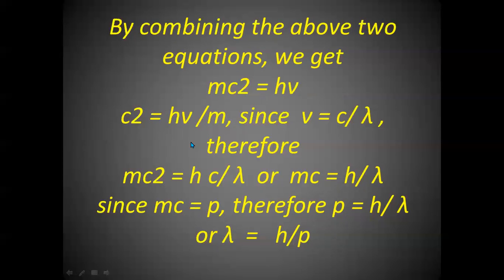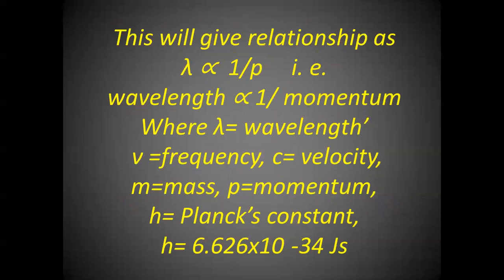So we can neglect the wave nature for big bodies like a cricket ball or any other big body. But we cannot neglect the wave nature of the electron. Therefore, it is very important for small particles like the electron. Therefore, we can say that electrons sometimes behave like a particle and sometimes behave like a wave.